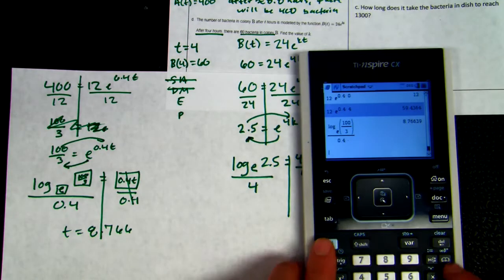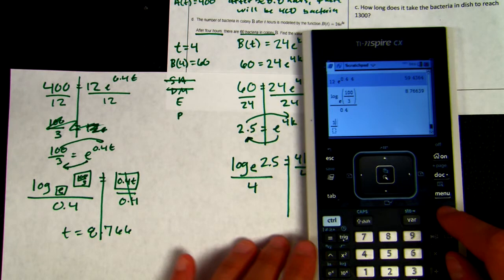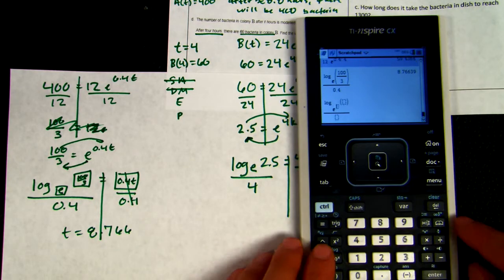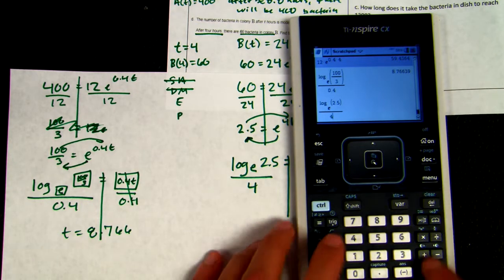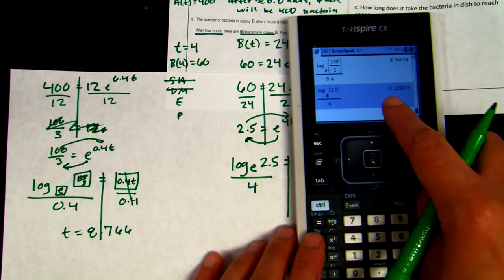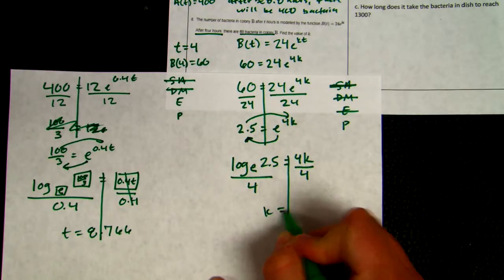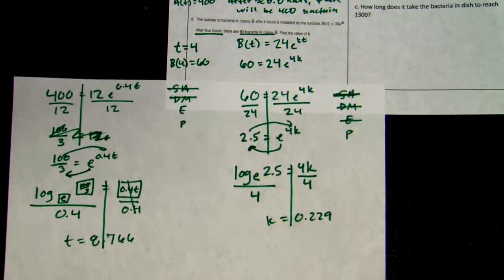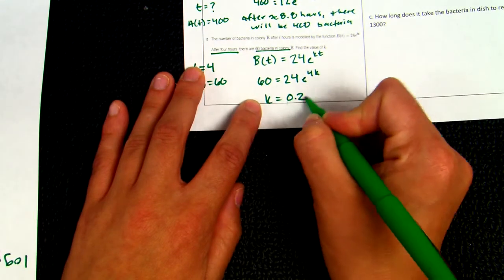I'm going to go ahead and pop that into my calculator. I'll get log base e of 2.5, all of that over 4, and I should get 0.229. So k is equal to 0.229. I can round that to k is equal to 0.23.